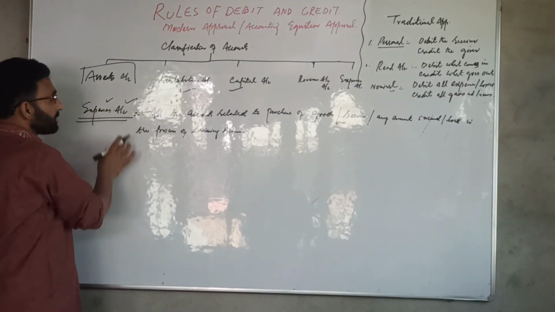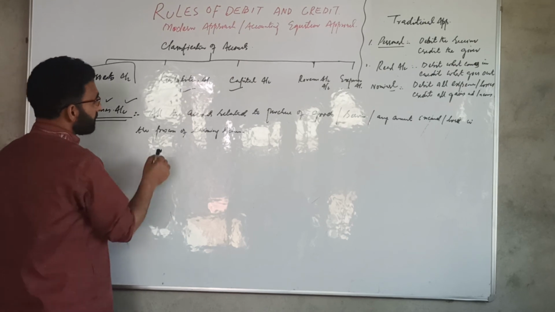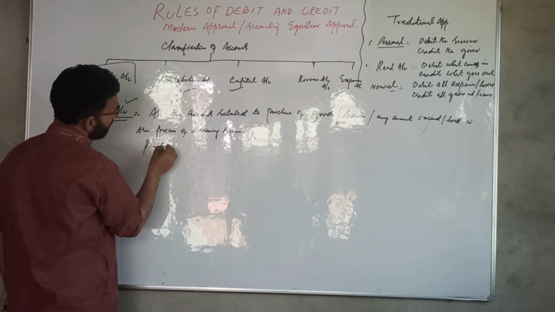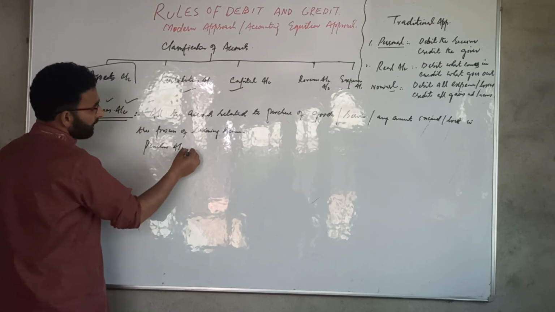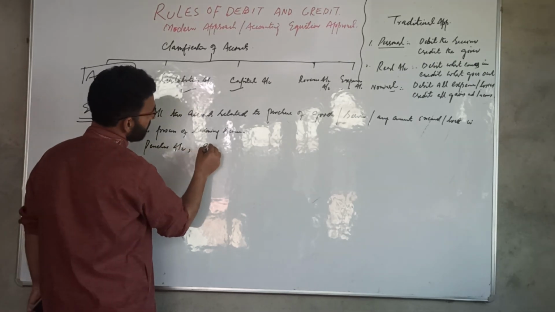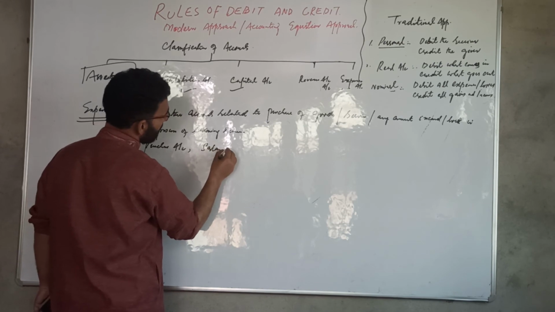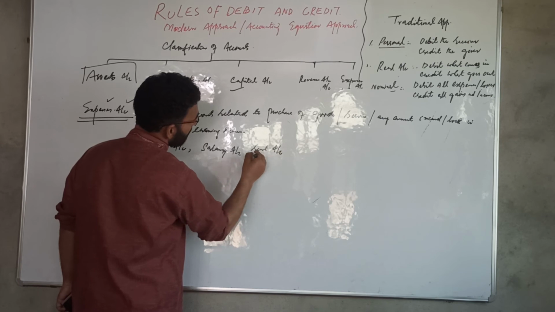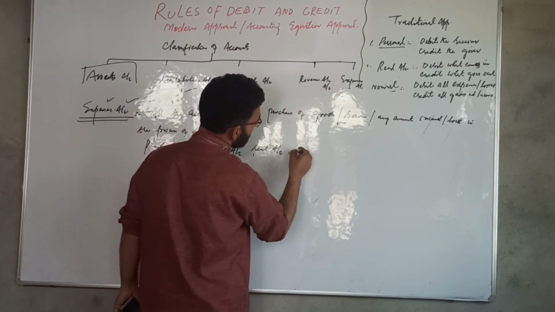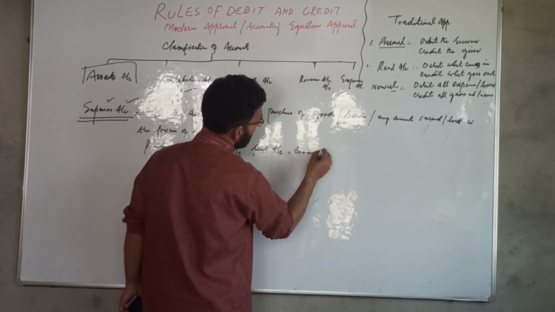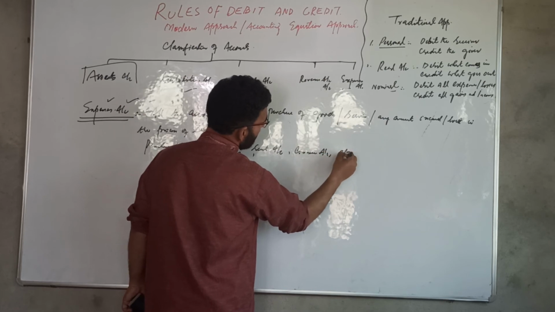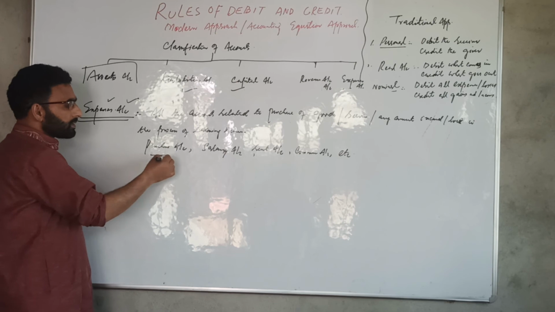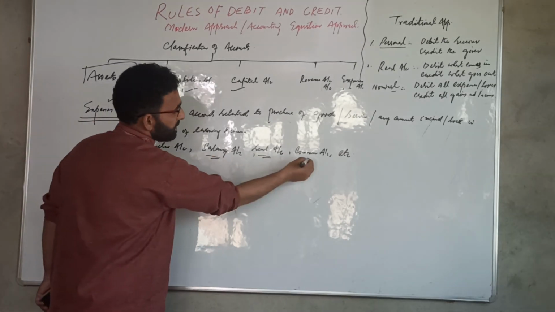For example, number one, the purchase account, salary account, rent account, commission account, interest account, etc. All these accounts are expenses accounts.